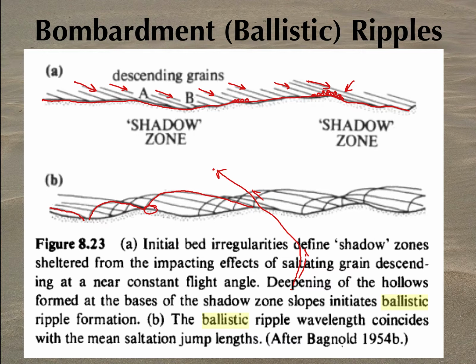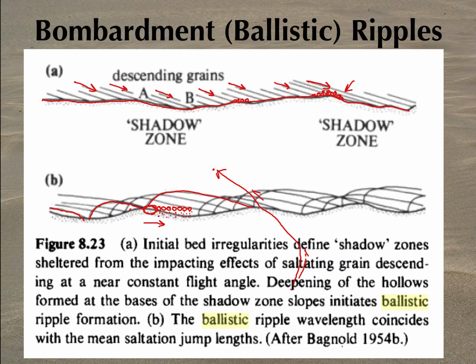And this is where all the coarse grains that are being nudged along are going to tend to accumulate. And as these ripple forms move along the bed by the wind, you basically keep depositing this carpet of coarser grains above a bed of finer grains beneath them.